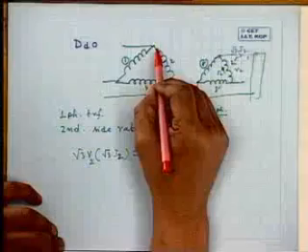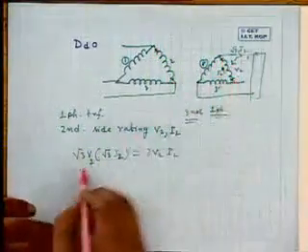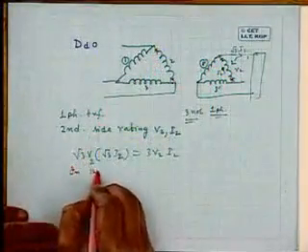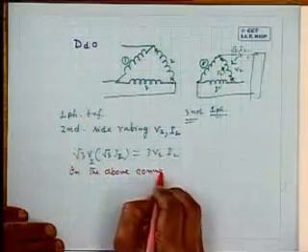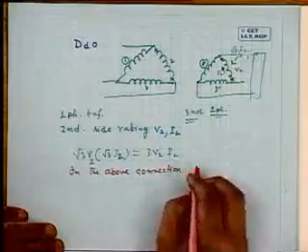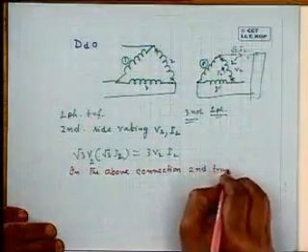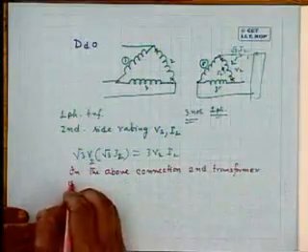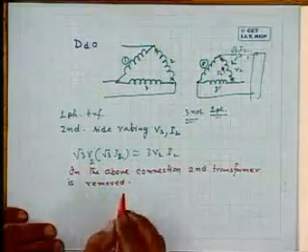Now, you just imagine, no fault etc. has occurred. What I have done, the second transformer, let us remove from the circuit. Suppose in the above connection, second transformer is removed.